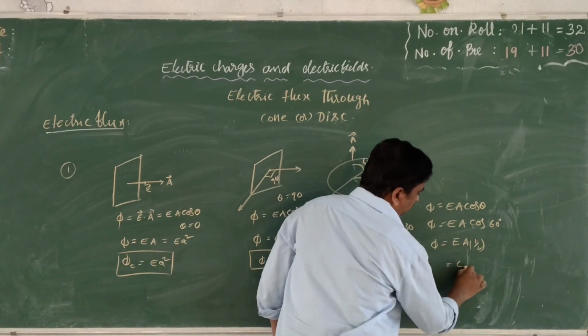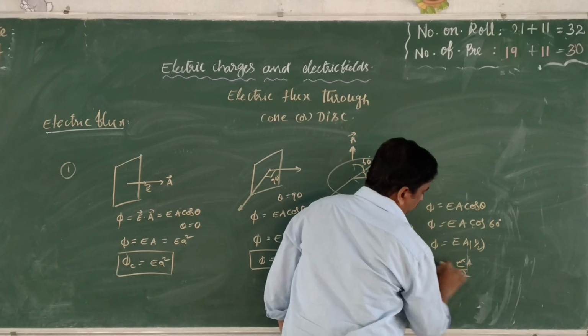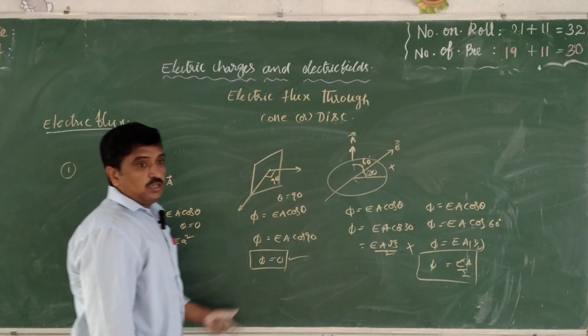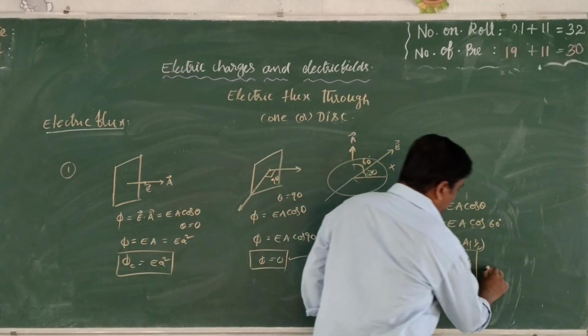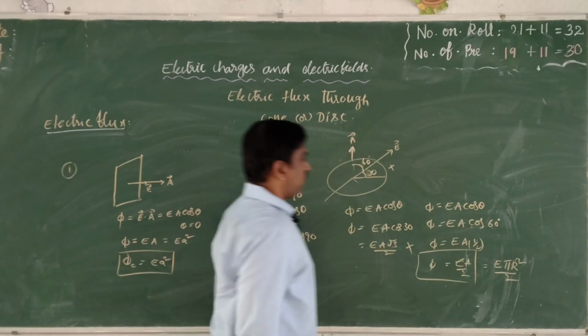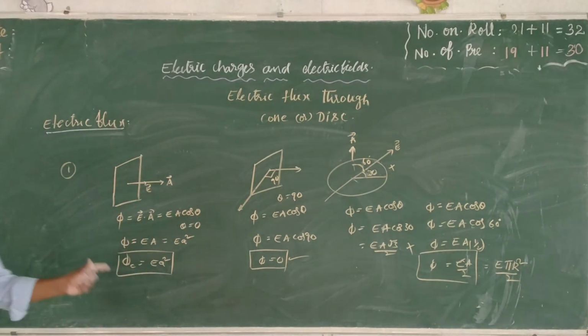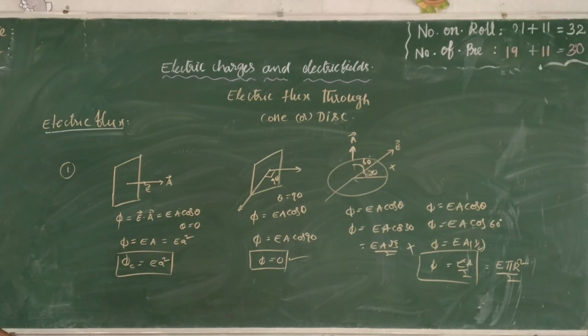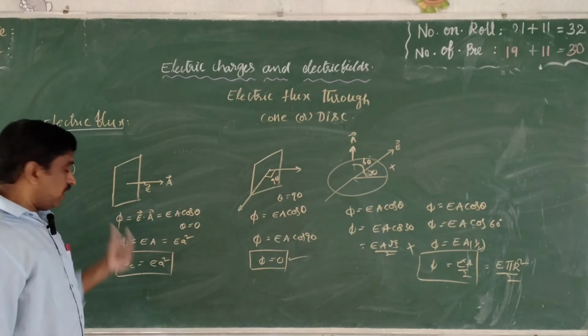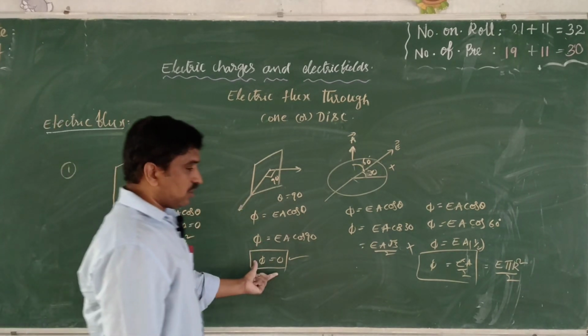So what is the flux through this one? EA by 2. Flux through this circular surface is EA by 2, so we can write it as E pi r square by 2. This is the flux through this circular surface. For 2D surfaces: when both are parallel, EA square; when perpendicular, flux is 0.